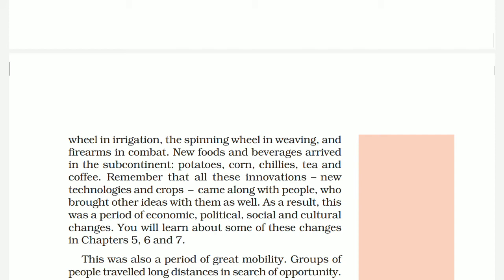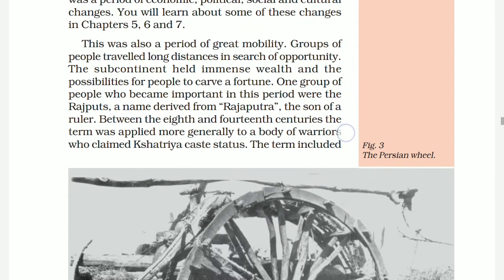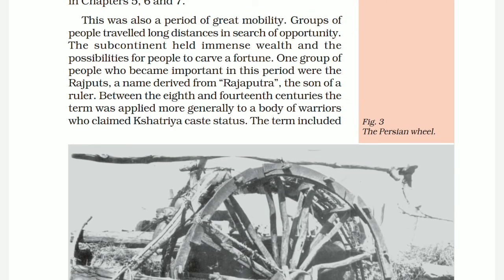You will learn about some of these changes in chapters 5, 6, and 7. This was also a period of great mobility, or say movement. Groups of people traveled long distances in search of opportunity, meaning work and livelihood. The subcontinent held immense wealth and possibilities for people to carve a future.